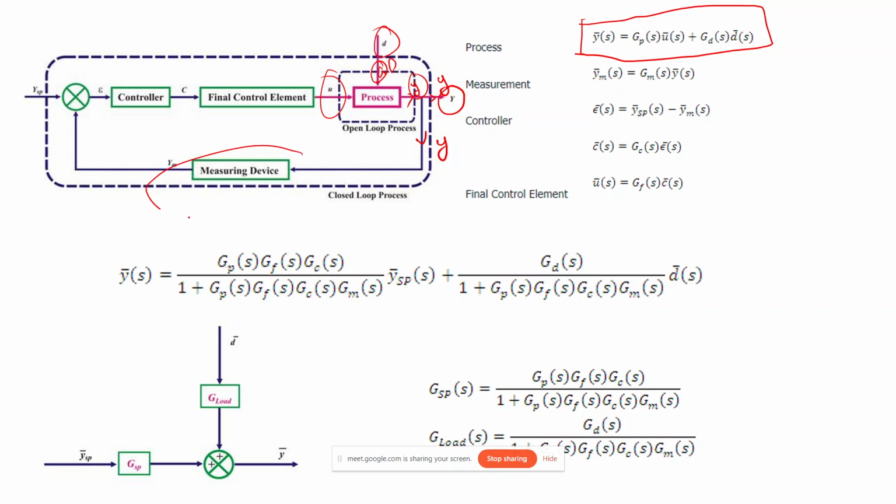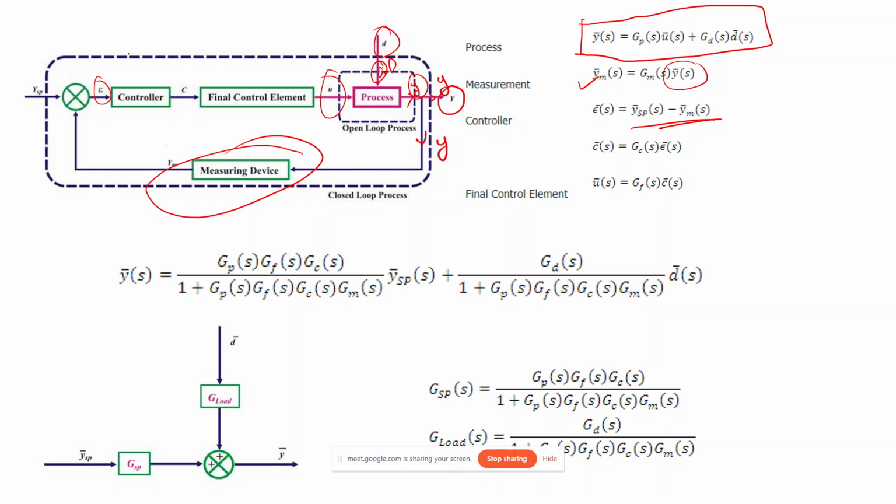Similarly, if we take a look at this measurement loop, we can write it this way: Ym is equal to the transfer function of this measuring element times this output Y(S). Then this will be fed to this comparator, where we will be calculating the error. The error will be the difference between the set point and the output that has been measured, that is, Ysp minus Ym(S).